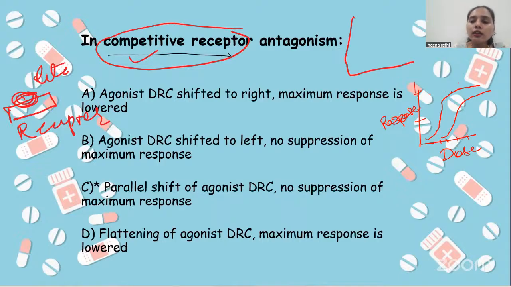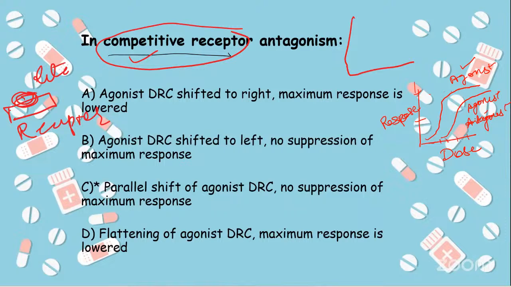If we take the agonist and the antagonist, the plot is shifted in a parallel manner with respect to the agonist graph. There is a parallel shift of the agonist DRC, and there is no suppression of the maximum response.